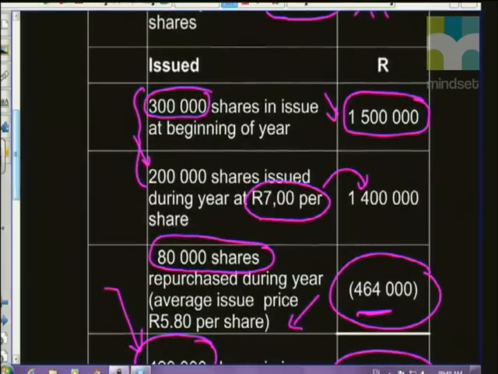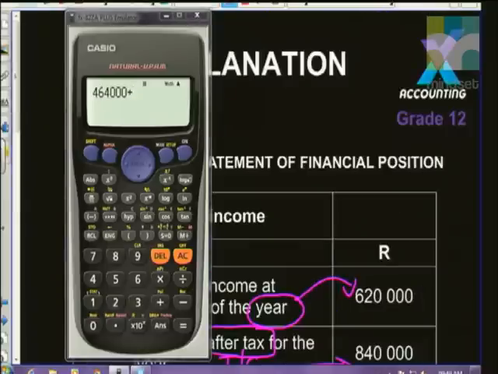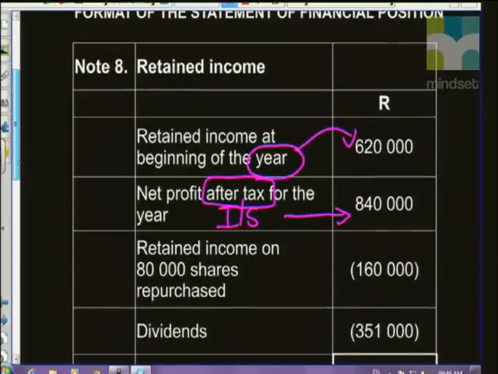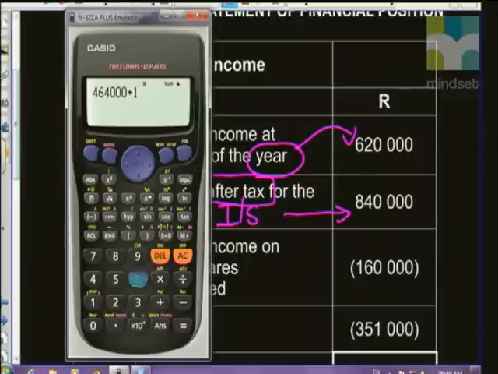It was 464,000. Okay, let's do that. 464,000 was the average price. Add the price above the average price, which is 160,000. So in other words, you can clearly see that we had repurchased those shares for a value of 624,000.